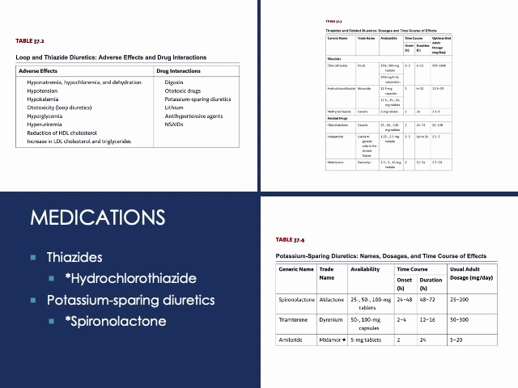Thiazide and loop diuretics: think about drug interactions. With spironolactone, we do frequently combine it with a thiazide and a loop diuretic because the goal is to counteract that potassium wasting effect of just using a thiazide or loop diuretic by itself.